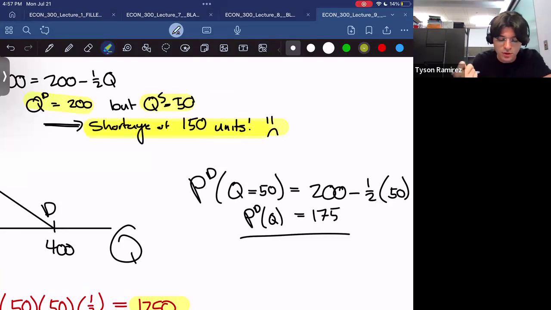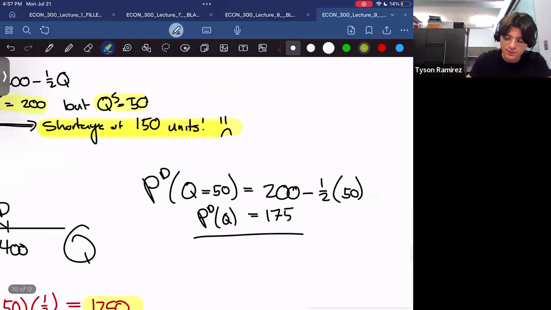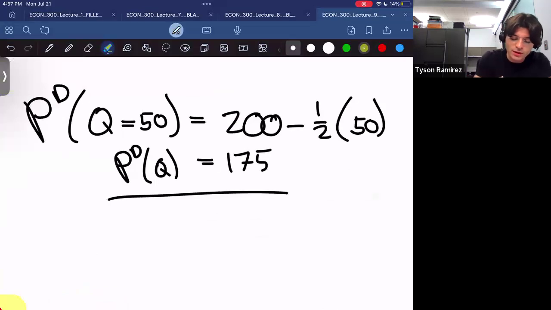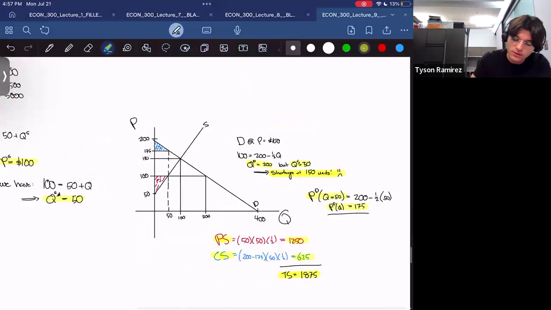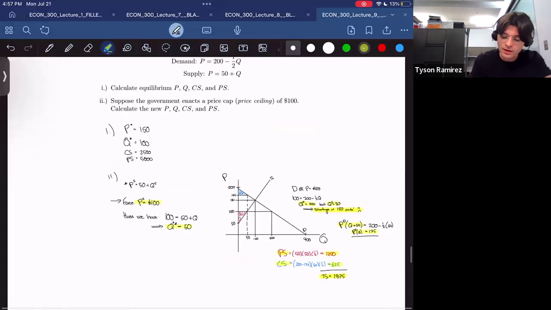So this gives us the shortage of 150 units. And the willingness to pay at 50 units is 175. That's what we use in our consumer surplus calculations, and that's how we do the producer surplus calculations. And that's what gives us total surplus. So this is how we analyze the effects.